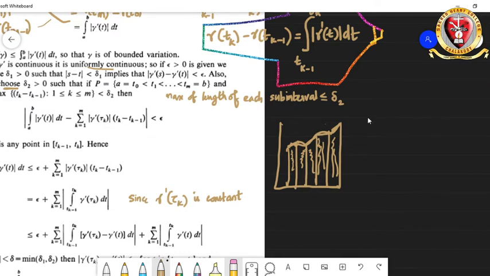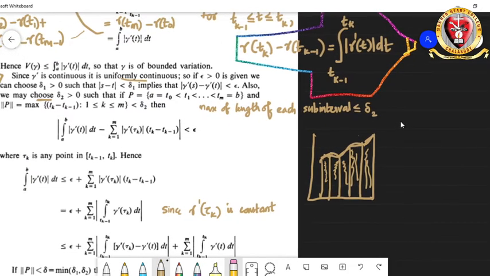We can find such a partition, since we know that gamma is smooth. So in that manner, we can find a partition such that its norm is strictly less than delta 2.